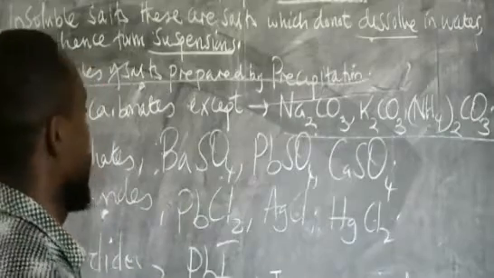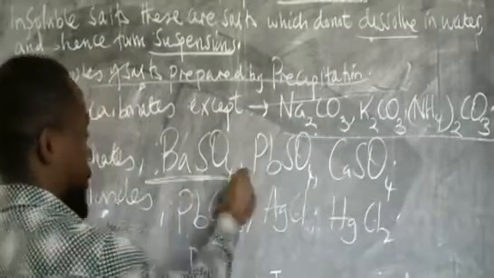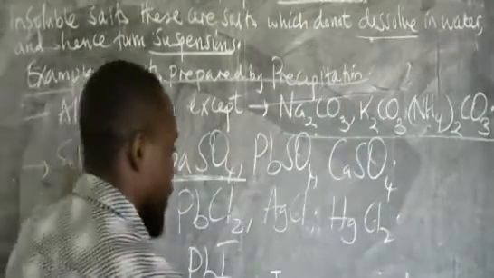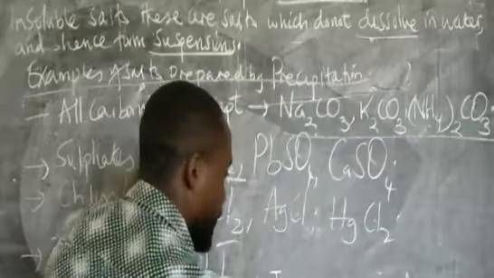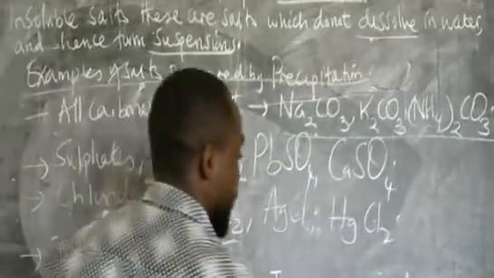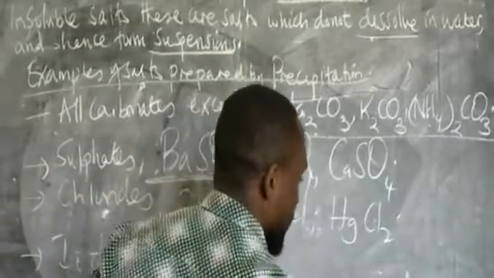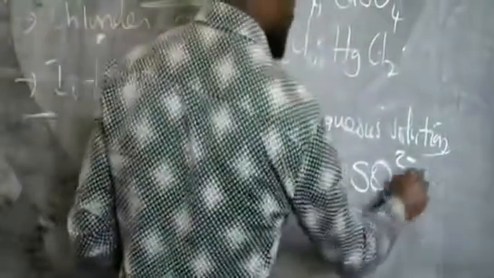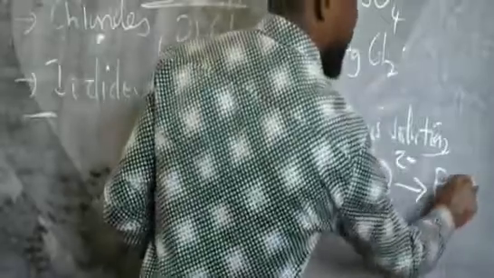For instance, you want to prepare barium sulfate. You must have 2 solutions, one containing barium ions and another containing sulfate ions, such that if these 2 come into reaction, they will simply give you barium sulfate.